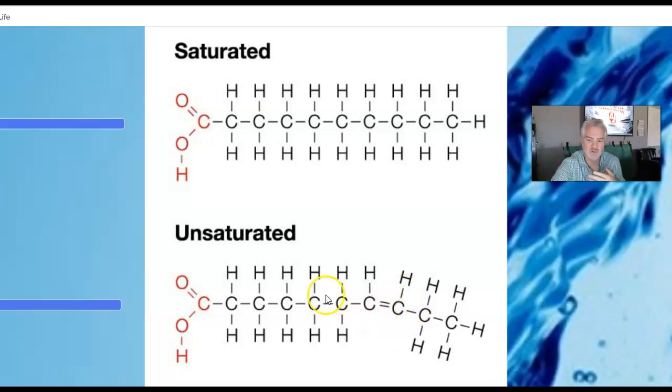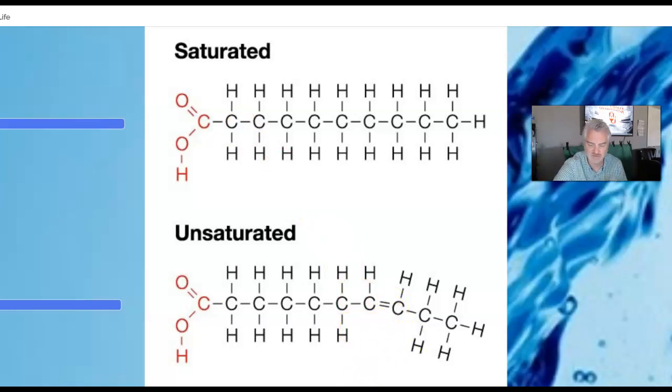So every one of these carbons is sharing 2 electrons with another element. So 2, 4, 6, 8, and even here 2, 4, 6, 8. The double bond counts as 2. So 2, 4, 6, 8. So there's not hydrogen. So we say that this is saturated with hydrogens, and this is unsaturated because there's no hydrogens right here because of that double bond.